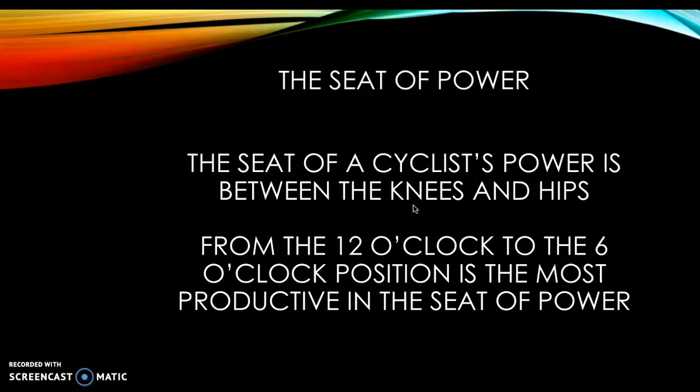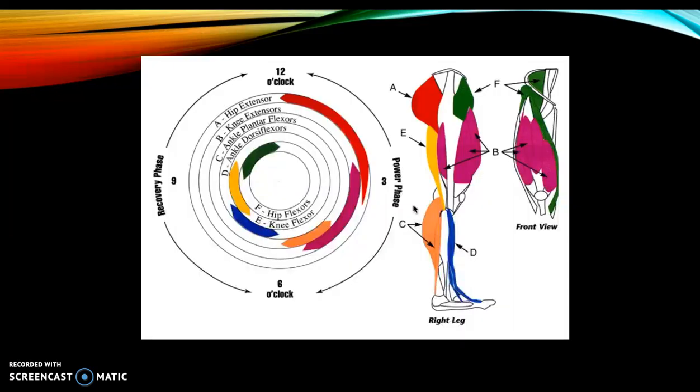Now, the seat of power describes where most of the force generation is coming from, which is the muscles and joints between the knees and hips, as well as the range on the pedal from the 12 o'clock to 6 o'clock position, which can also be considered the downstroke, or the power stroke, or the extension phase. And we see a little bit of why that's happening when we see the hip extensors, knee extensors, and plantar flexors working together on the downstroke.